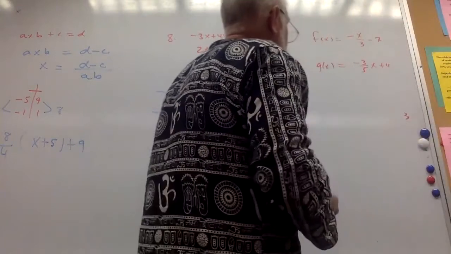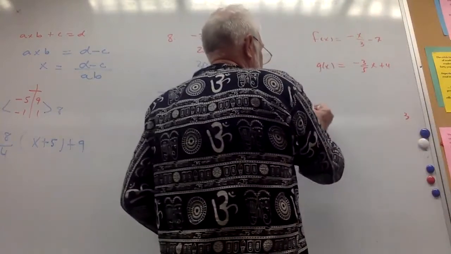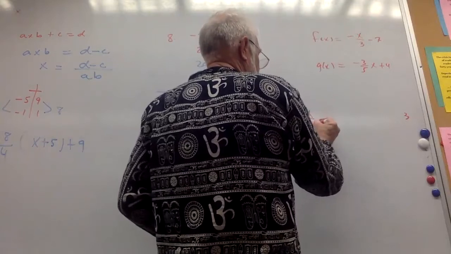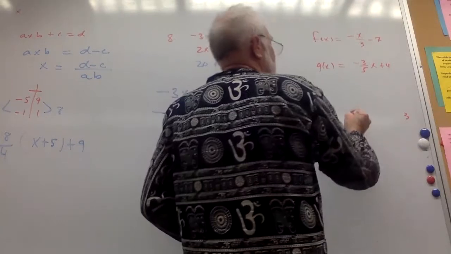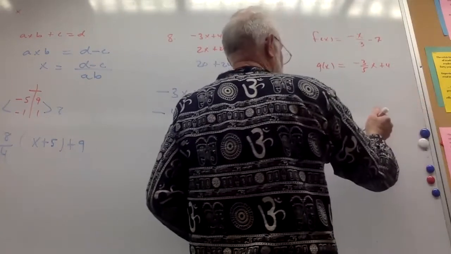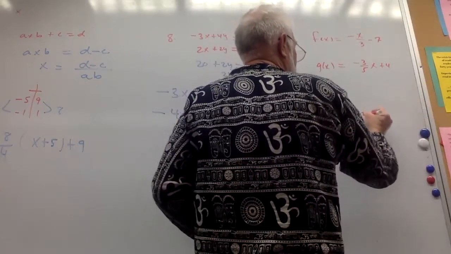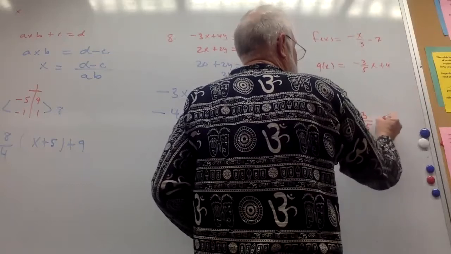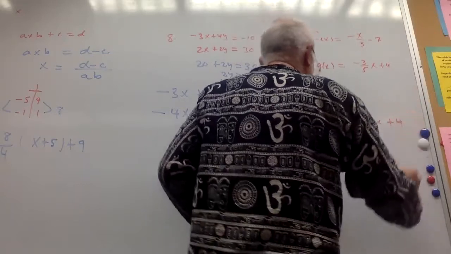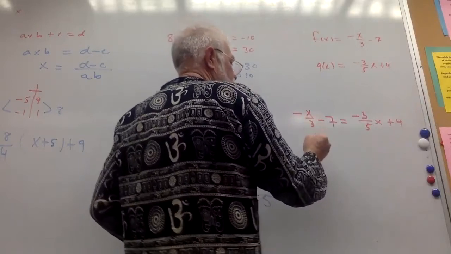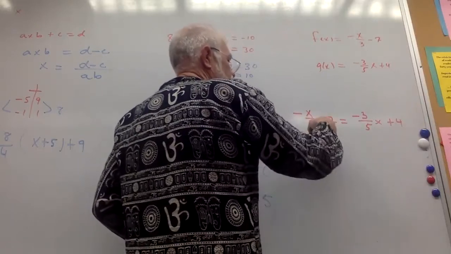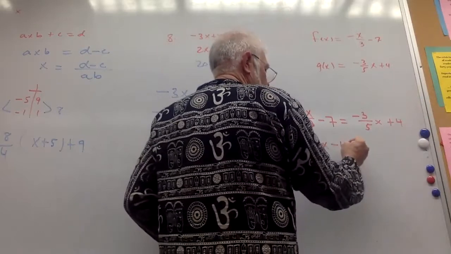All right, what are we looking at? Well, a point of intersection. So minus x over 3, trying to write a little bigger. Remember to write bigger, Mr. V. Minus 7 equals -3 over 5 x plus 4. So I'm going to multiply everything by 15. So this is going to be 15 times bigger, divided by 3, minus 5x. 15 times -7 is minus 105.